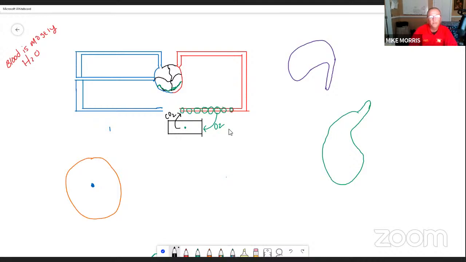We've talked a lot about it. So we talked a little bit about this yesterday too. We said like 23% of this CO2 is going to be taken back to the right side as deoxygenated, and that CO2 gets dropped off at the alveoli, right?